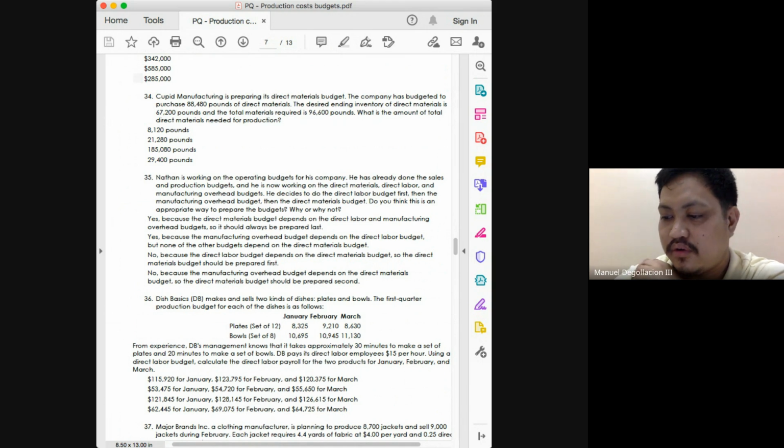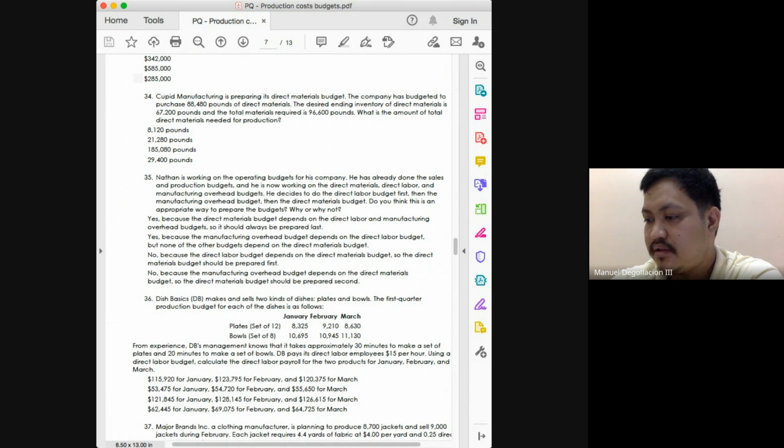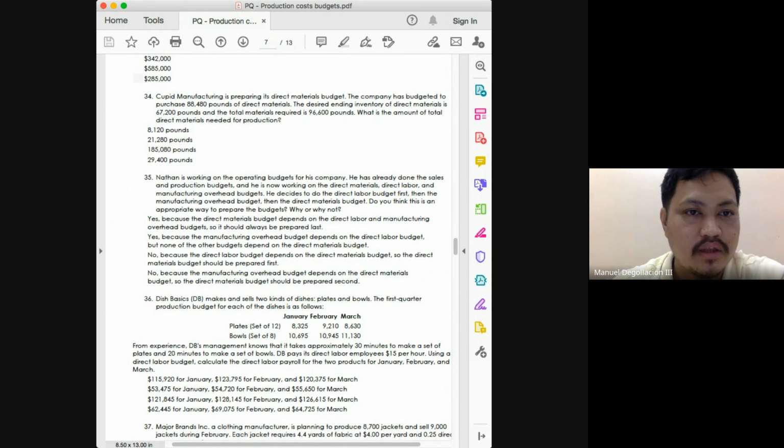So if your total materials required is 96,600 and you're only purchasing 88,480, what does that tell us? That our beginning inventory is equal to 8,120. If you are asked how much is the beginning inventory in this problem, if this will be asked differently, your answer would be 8,120.